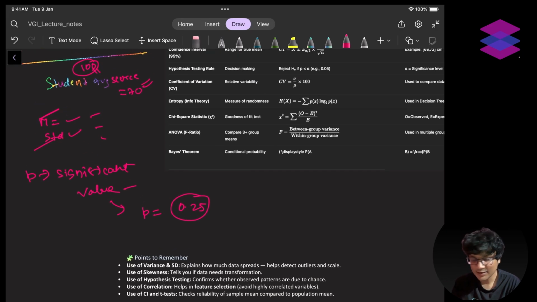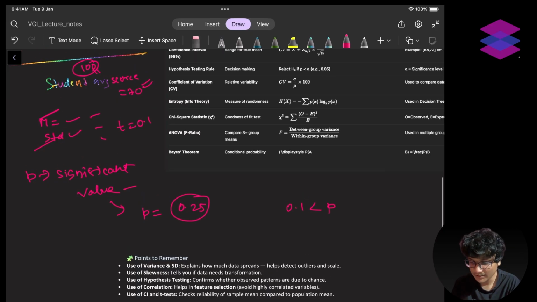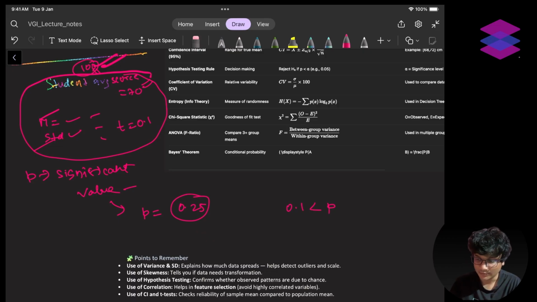Suppose that you run the statistical test. Okay, and you are actually getting something like 0.1. Okay, and if it is actually less than your p value, it means that whatever assumption that you made over this 100 students, your assumption is completely true. Okay, which means that every student is getting around 70 marks.